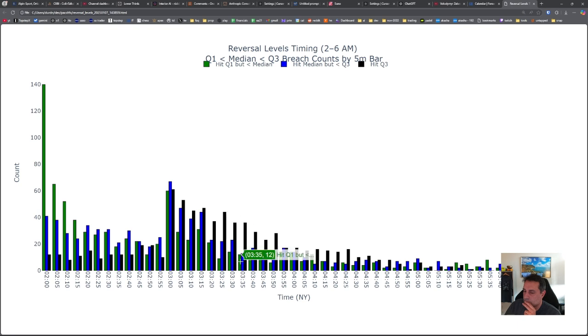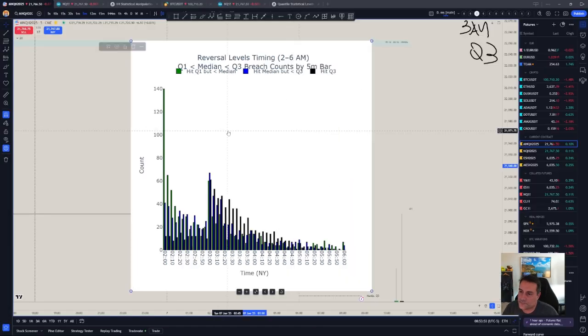We can use this as a bias machine, because if you are at 330 and you see a reversal, but it only touched Q1, it's not a reversal. That's going to be only 12 times out of the many hundreds. So after 330, that's another conclusion we can draw.